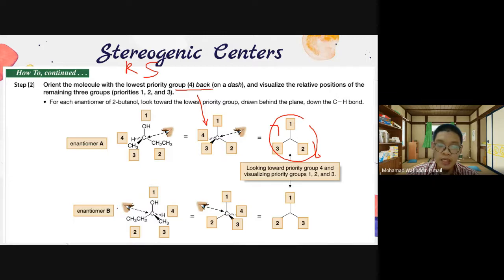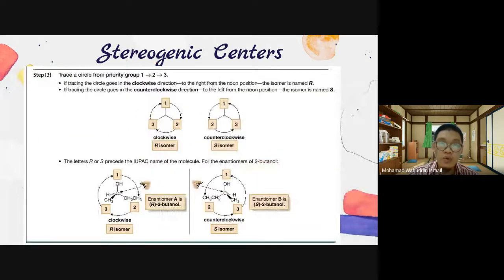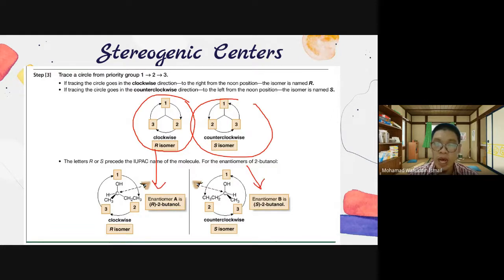When you look at enantiomer B, the mirror image, put number 4 at the back, and then we look at the rotation here. In terms of rotation, R will be clockwise, meanwhile S will be counterclockwise. So that's how you differentiate between R and S.